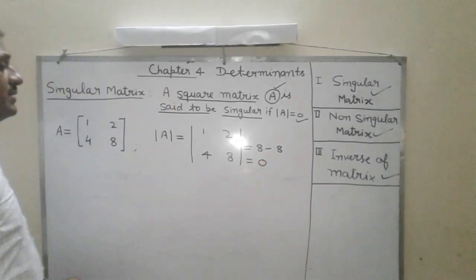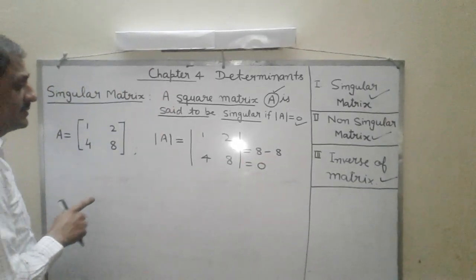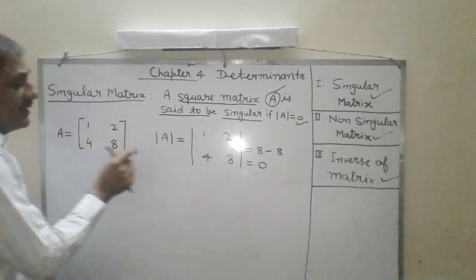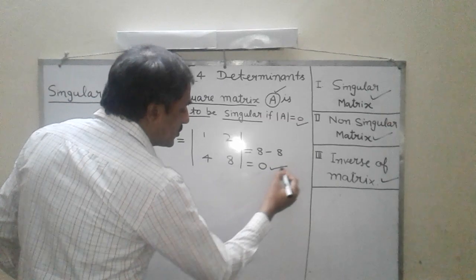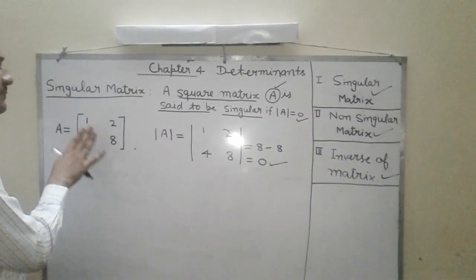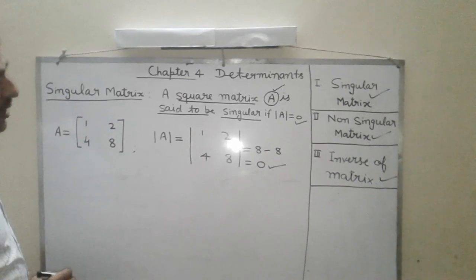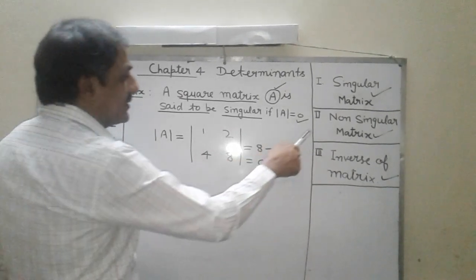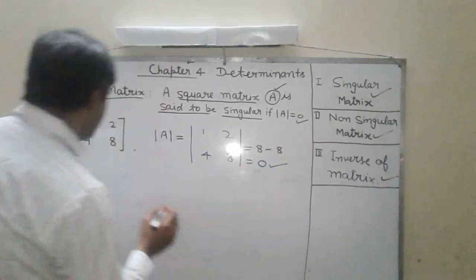Here you see that the value of the determinant is equal to 0. So we can say that this is an example of singular matrix. Now I am going to move to the next topic, non-singular matrix.